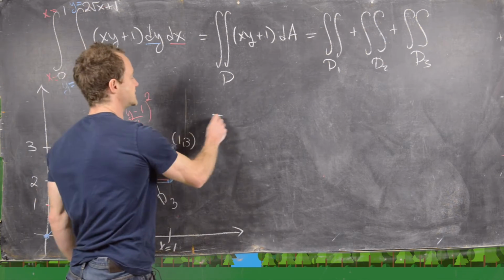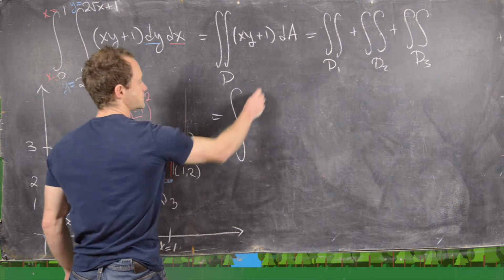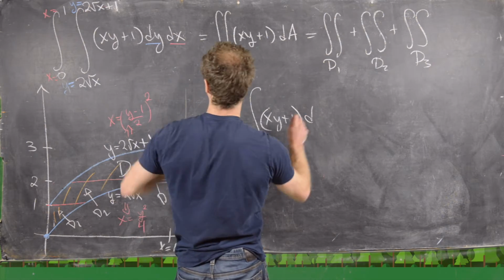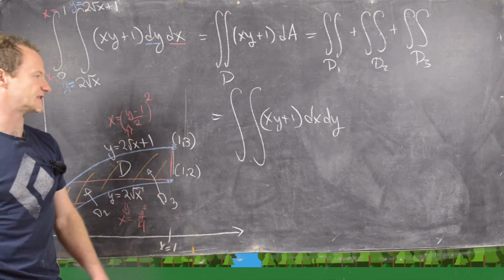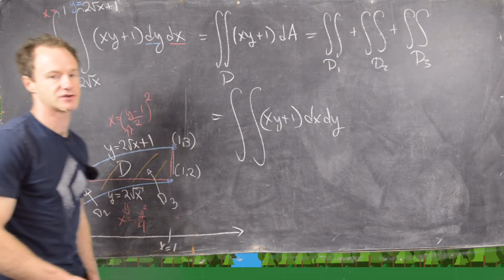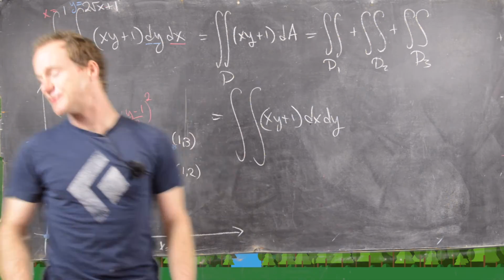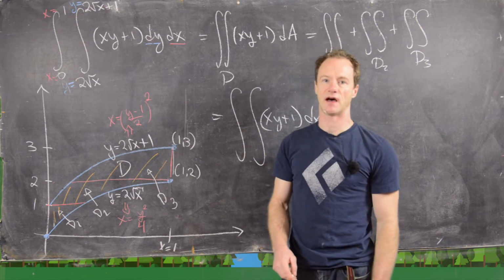Okay, so let's do the double integral over D1 first. So we'll put xy plus 1 here, and now we want dx dy instead of dy dx, because our goal is to change the bounds of integration. The x integral is on the inside, which means we need to go from the smallest x value to the largest x value.